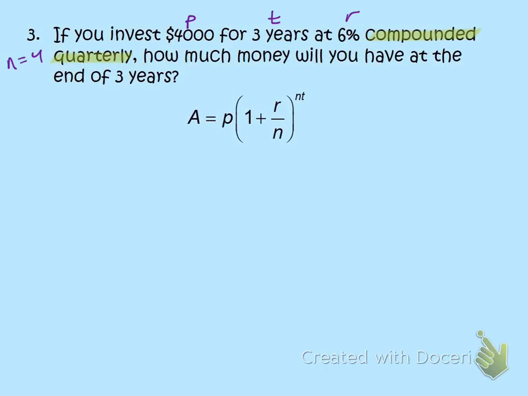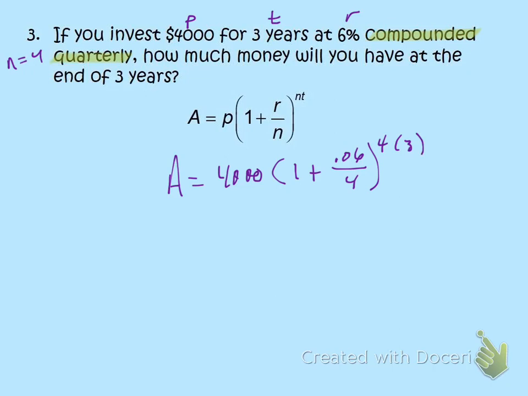We want to know how much your investment will be worth, right? So we put in 4,000 for P. Since we're always adding money when we compound interest, there's no plus or minus here. It's always plus. So the rate is 0.06 over 4, and we're going to raise that to the 4 times 3 power.